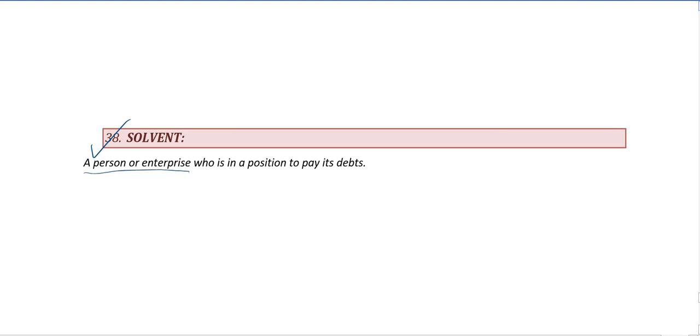A person or enterprise who is in a position to pay its debts is called solvent. So, if the person or enterprise is able to pay whatever is due by that person or enterprise to others, then the person or enterprise is considered as solvent.